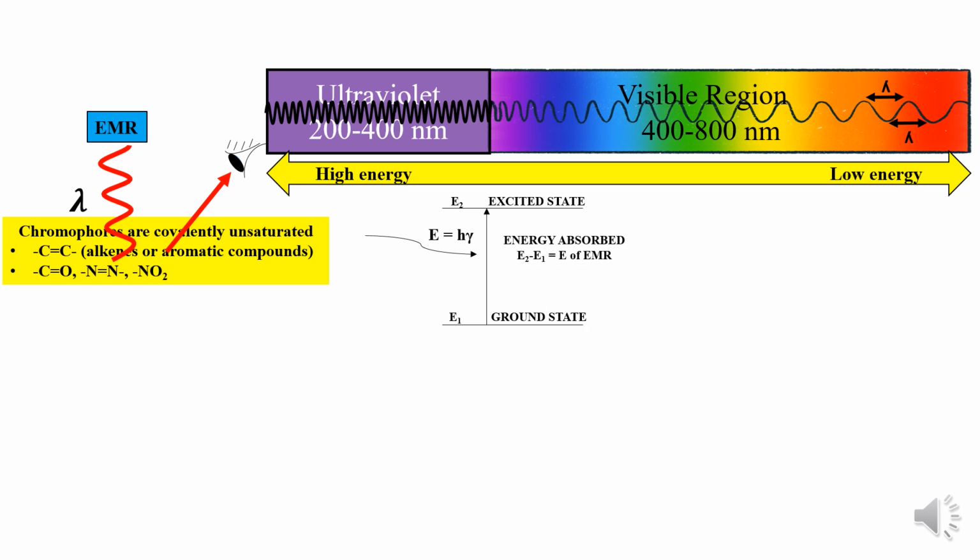Now, when does this happen? This event happens when the difference in the energy between the excited state and the ground state is exactly equal to the energy of the electromagnetic radiation that is striking the molecule. So this is the first scenario. Now in the second scenario, energy will not be absorbed.